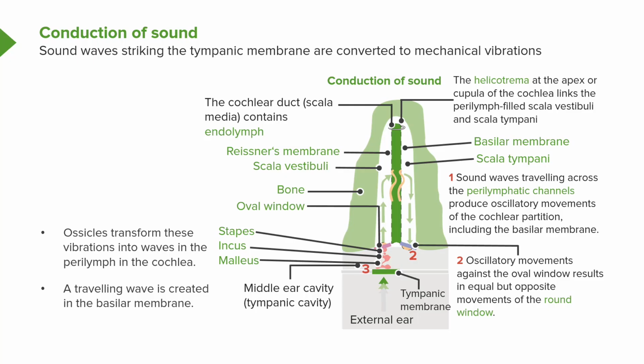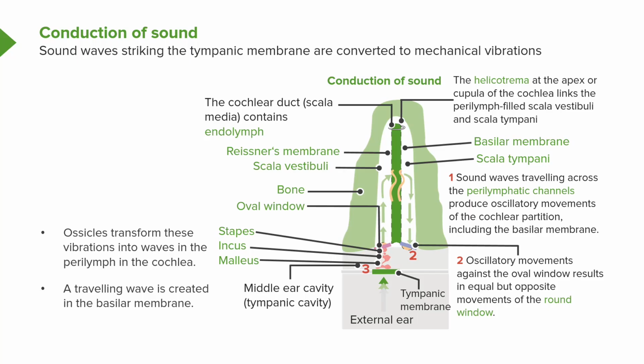The scala vestibuli starts or commences, as I mentioned before, at the oval window in contact with the bony ossicles. The scala tympani ends at the round window. And right at the top of the diagram, there's the helicotrema. That is where the perilymph circulates from the scala vestibuli to the scala tympani.